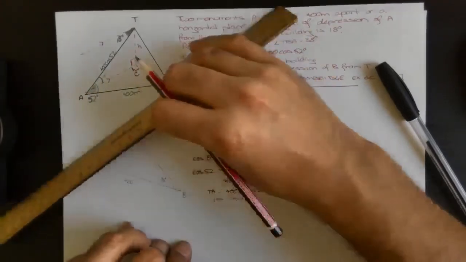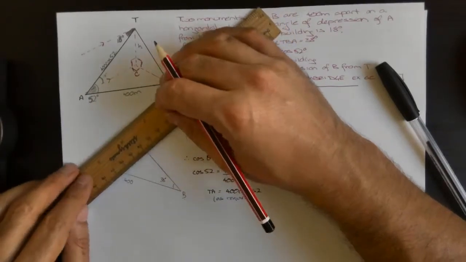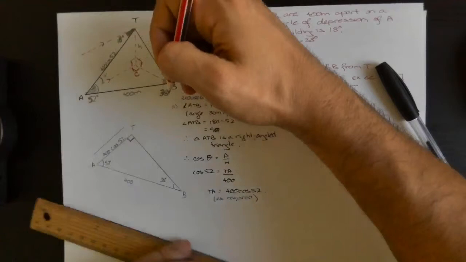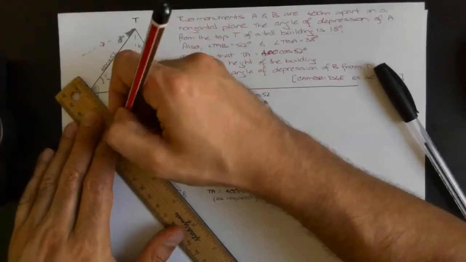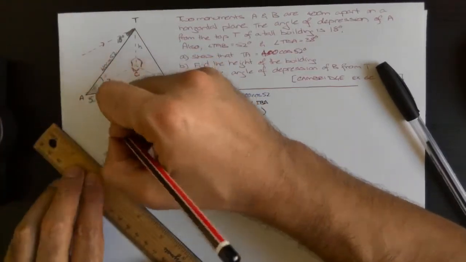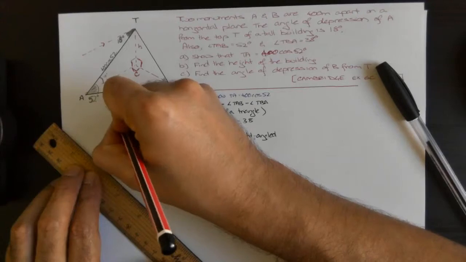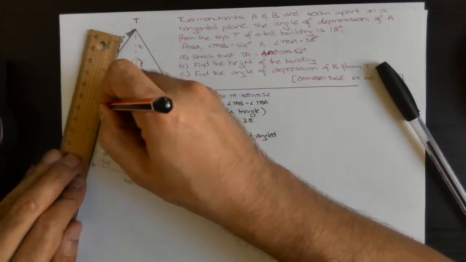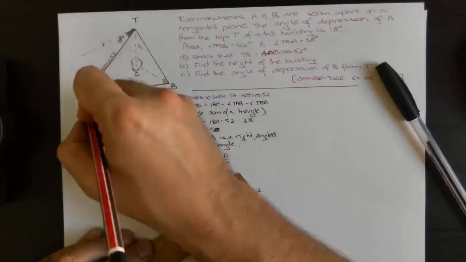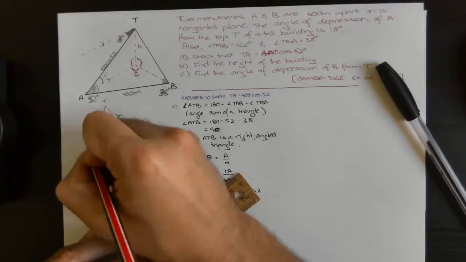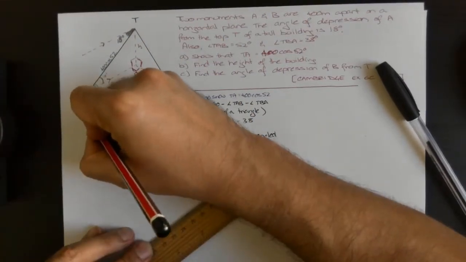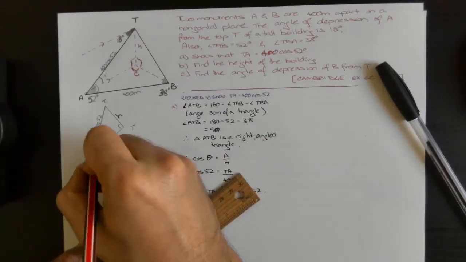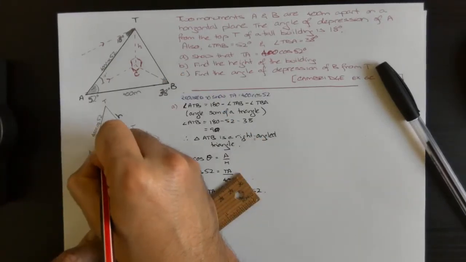So what I now have is a right angled triangle on this side, where that's going to be the H. This is TA. We know that this is 400 cos 52. And we know that this is 18 degrees.